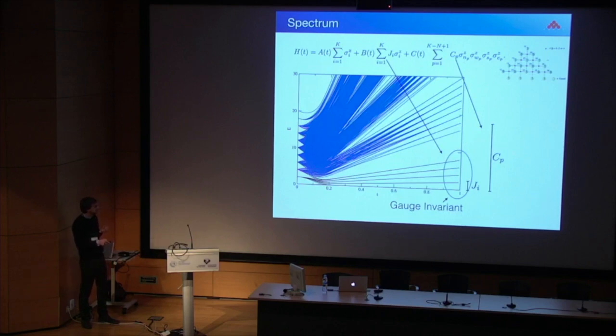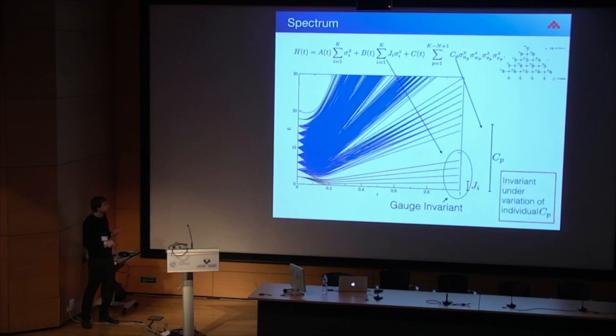It's these constraints which allow us to tune the quantum paths, so we can actually change this part here, but the final state is, so to say, untouched and is gauge invariant under changing these constraints. So this means our strategy is now, can we find particular choices of our constraints in such a way that we can make equal superpositions?